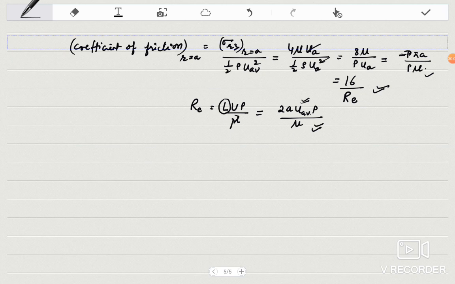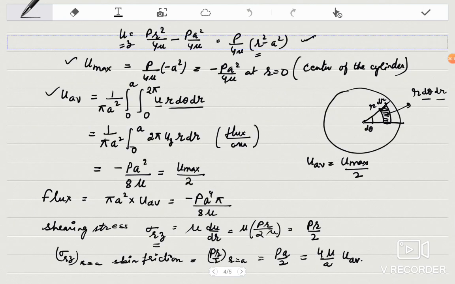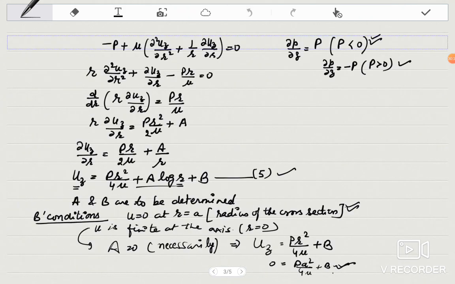If in this question you are asked about the pressure distribution, you just put your velocity. This is your velocity. You just put this velocity in this expression.